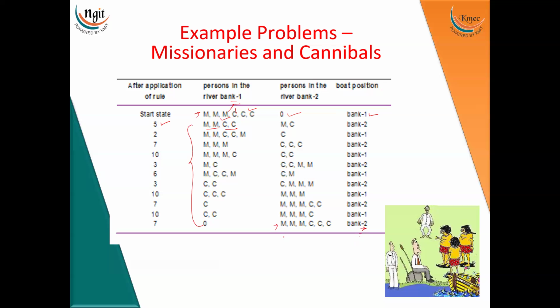This is how we are going to solve the missionaries and cannibals problem. Just pause for a minute and see how the one missionary and one cannibal, or two cannibals, or two missionaries are traveling and how they have safely reached the other river bank under the given condition. Thank you.